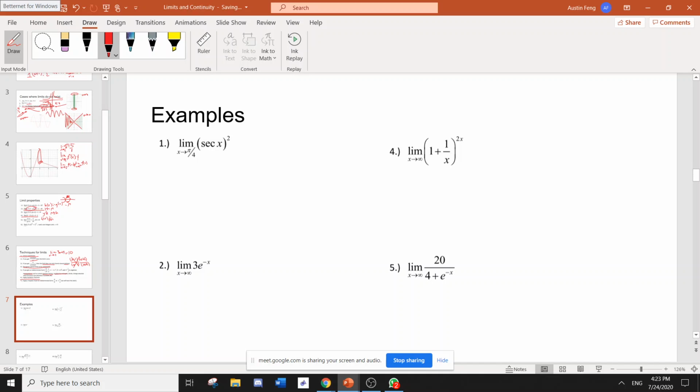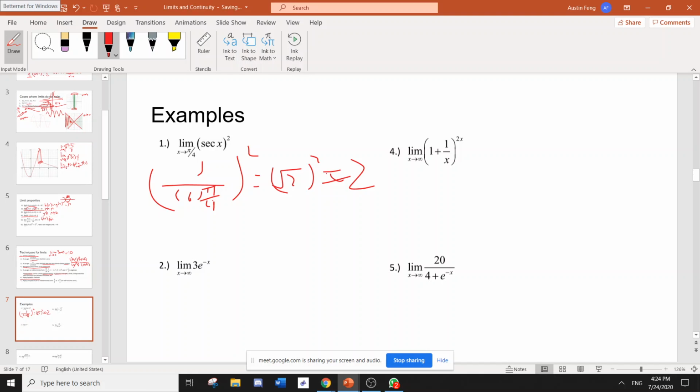So we directly plug it in. So we get 1 over cosine of pi over 4, squared, and that's basically root 2 squared, which is equal to 2.